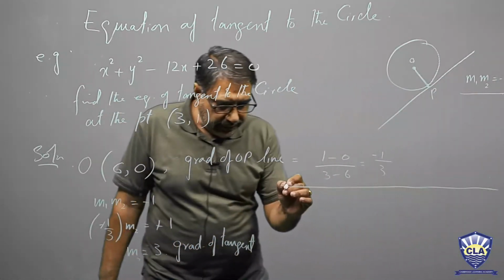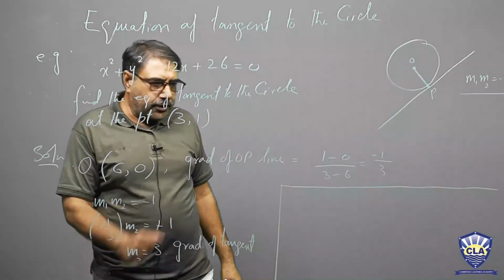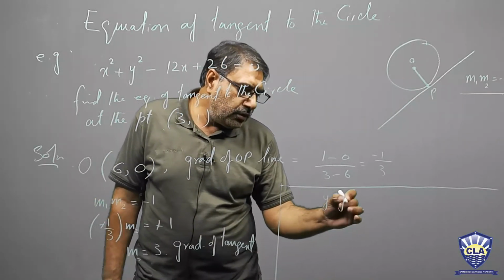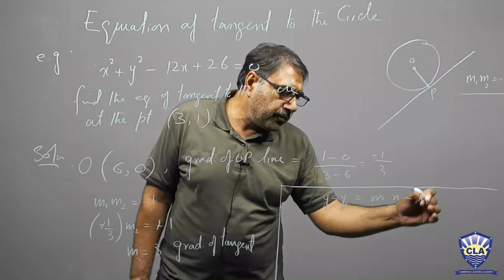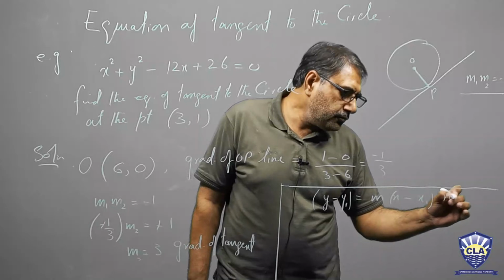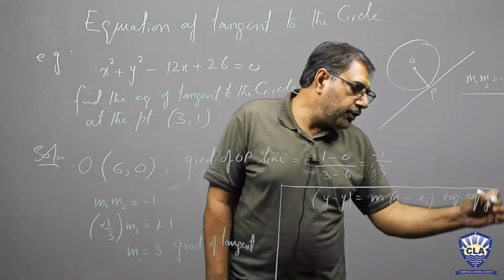So for equation of tangent, you need the point and the gradient. y minus y1 equals to gradient times x minus x1. Required equation of tangent.